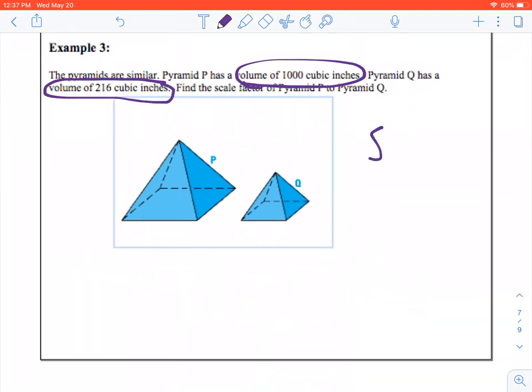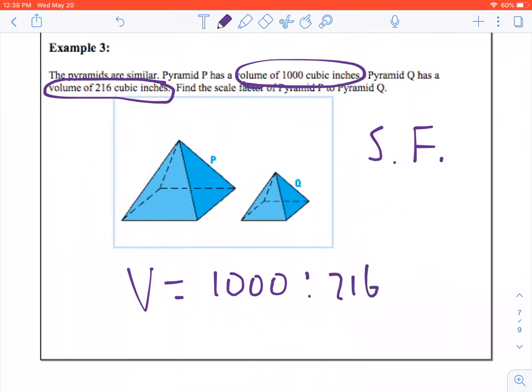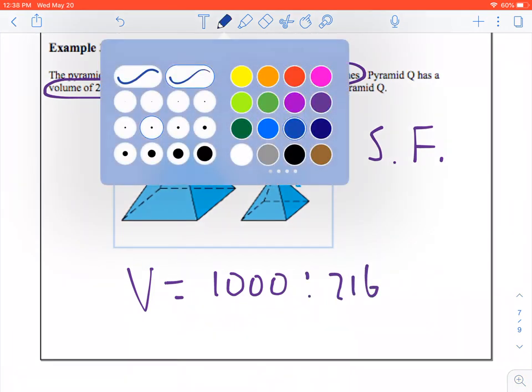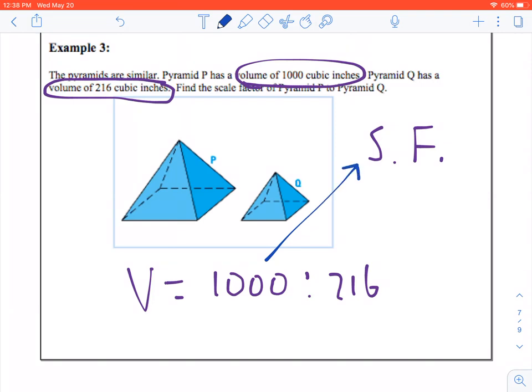To take your scale factor, we had to cube it to get volume. So to use our volume to go backwards, I will have to cube root each of those. Since they want it in Pyramid P to Pyramid Q, if your volume is 1,000 to 216, to get back to your scale factor, I need to cube root that.